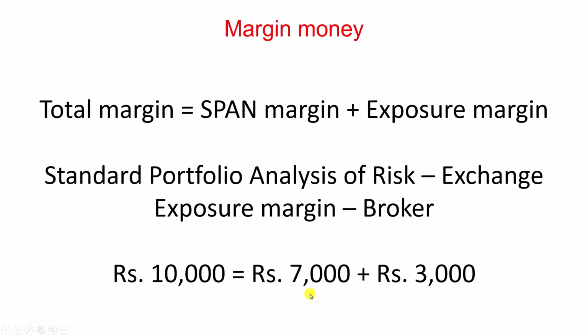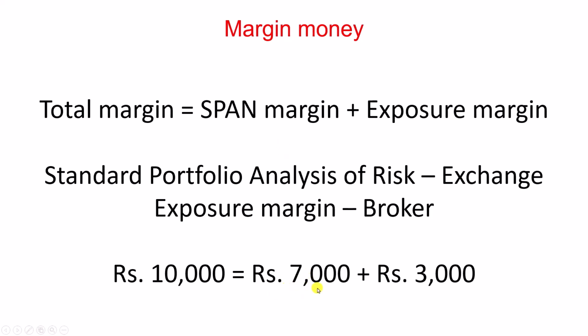Now let us say that on any particular date, the price moves violently and the loss is 8,000 rupees. It doesn't matter who the loss is to, the buyer or the seller. The loss for anyone is 8,000 rupees. 7,000 rupees is in the span margin.